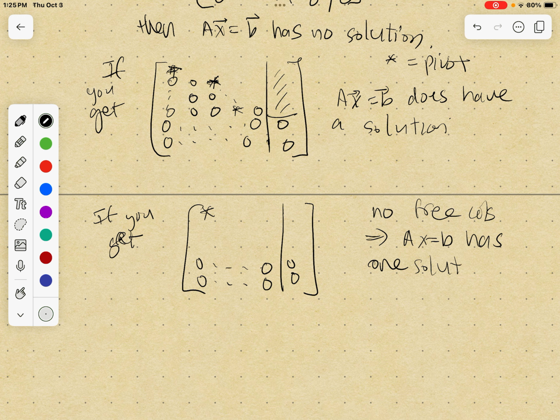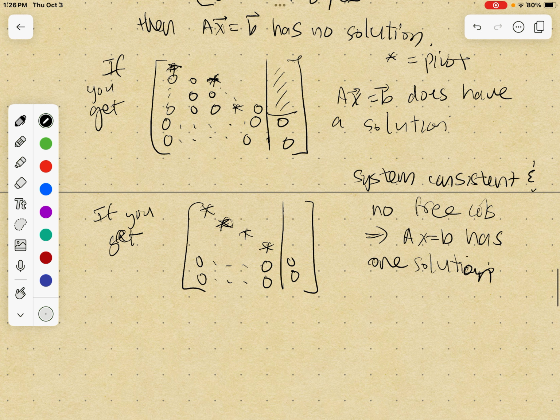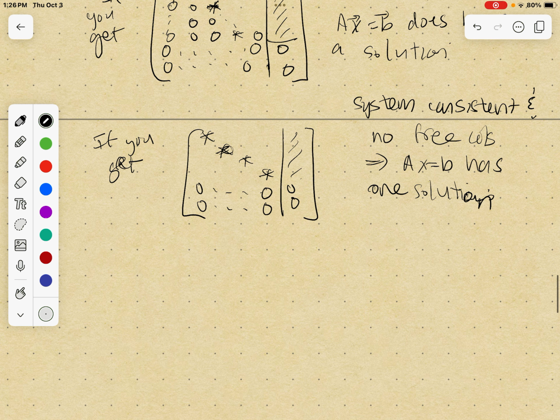It's going to look something like this, and then you have stuff. Then Ax equals b has one solution.